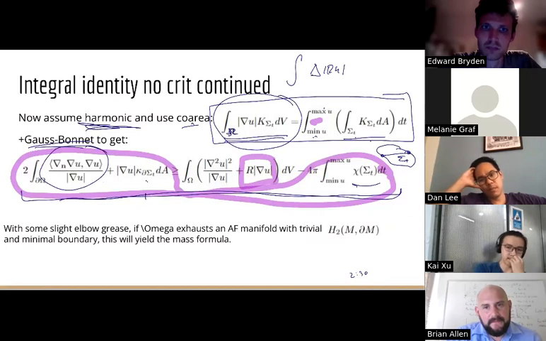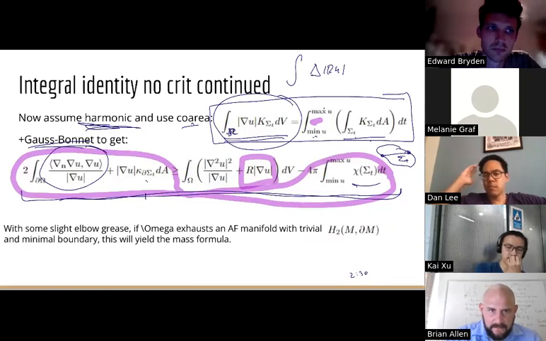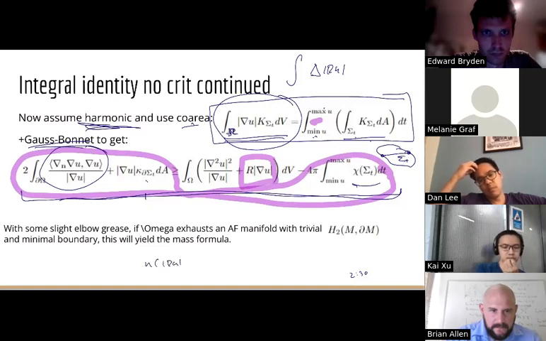Anytime you can integrate an expression involving scalar curvature by parts, you almost always get mass, especially if the order of things works out. The boundary term here is the normal derivative, just write n of norm grad u, integrated over the boundary of some region.